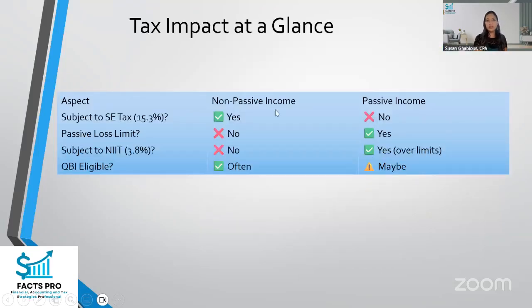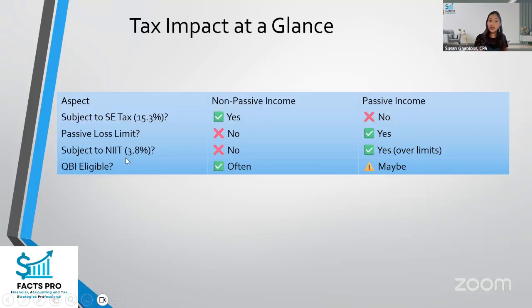Just to put it on the table for comparative purposes between the non-passive and passive. Subject to self-employment tax: yes for non-passive, no for passive income. You don't pay self-employment tax. Passive loss limitation: yes, because with passive income only, you can offset the passive losses against the passive income, but not your active income.